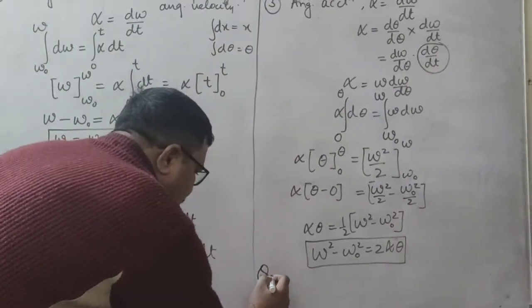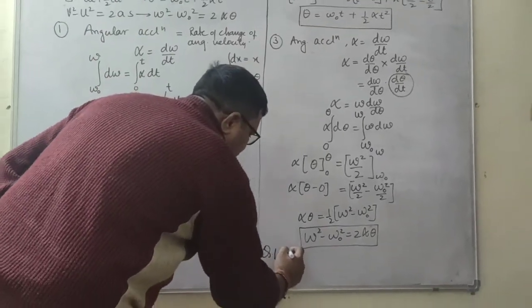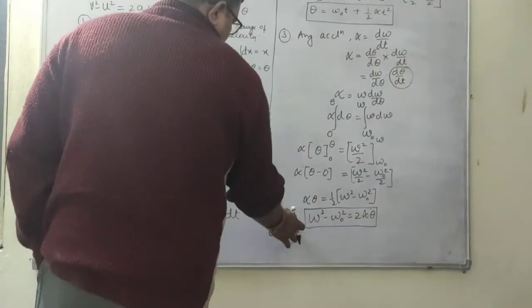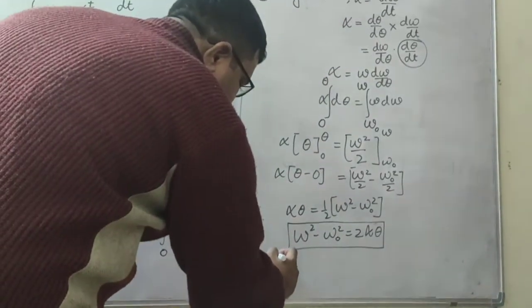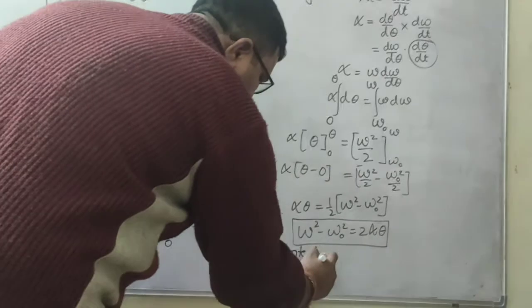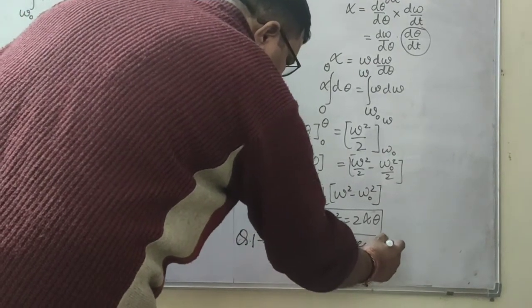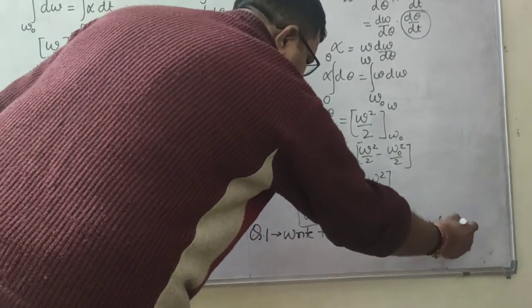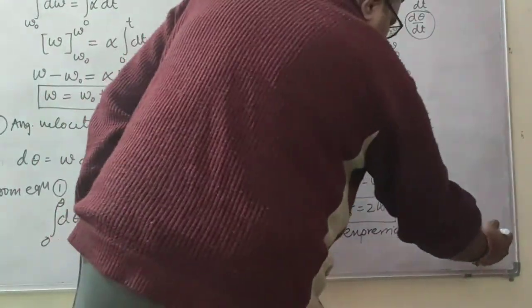Question number 1: find the dimension, or you can say, write the expression for radial acceleration. This is somewhat related.